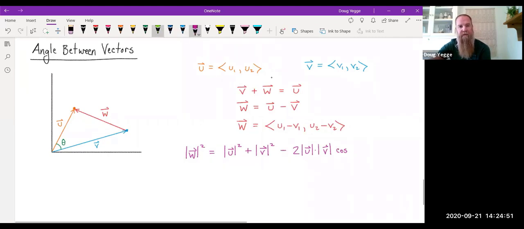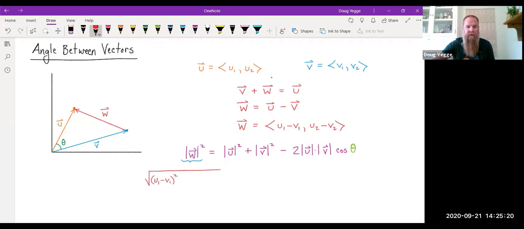Now notice the angle is what I'm trying to find. I'm trying to find what theta is. And so we're just going to go ahead and start to determine what each of these quantities are by rewriting the magnitude of w squared. So notice that that piece is simply going to be the square root of u1 minus v1 squared plus u2 minus v2 squared.